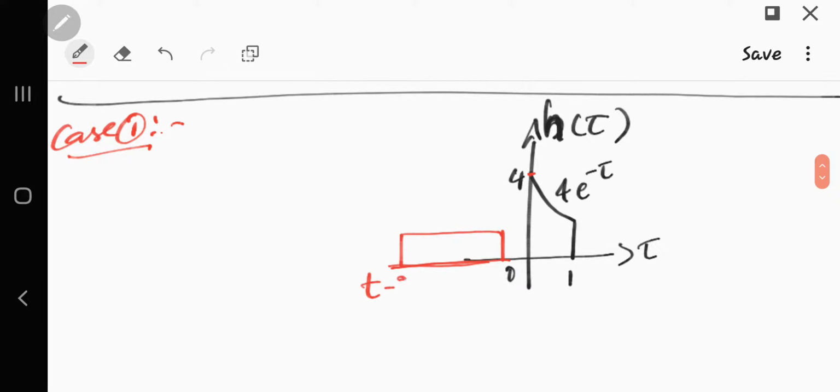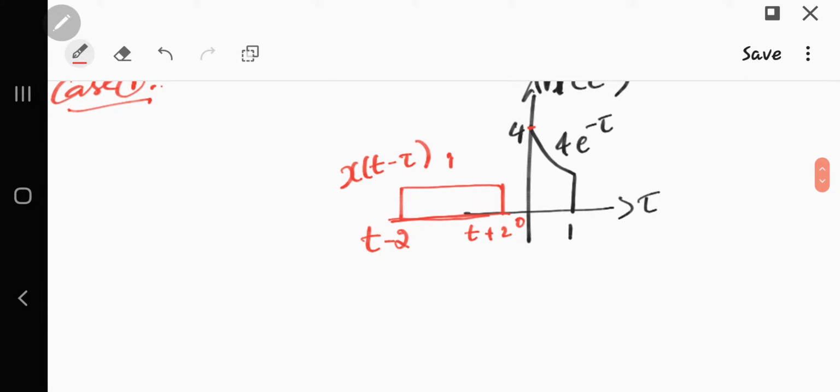So t minus 2 and this one is t plus 2. Here it is t plus 2 and this is the origin, amplitude 1.